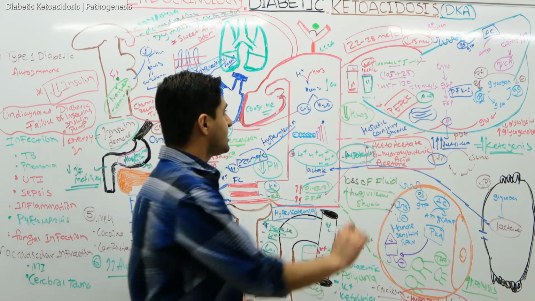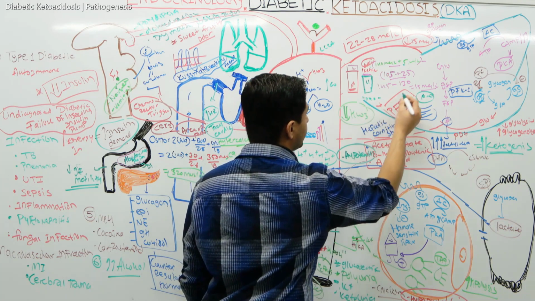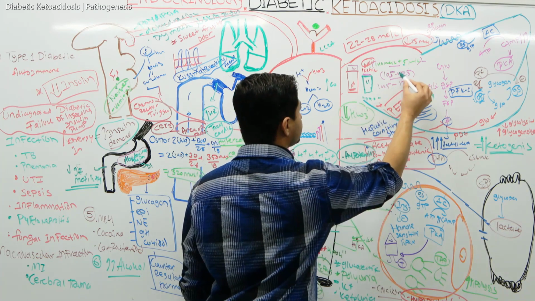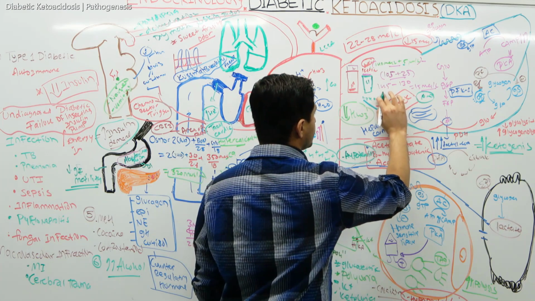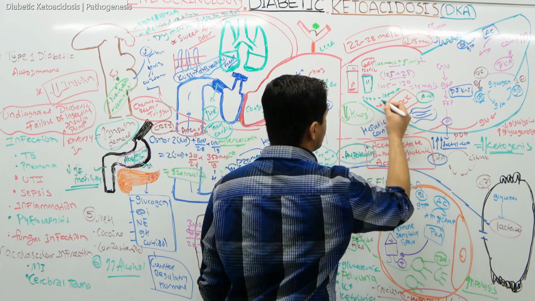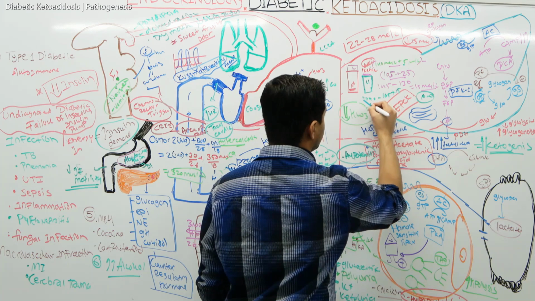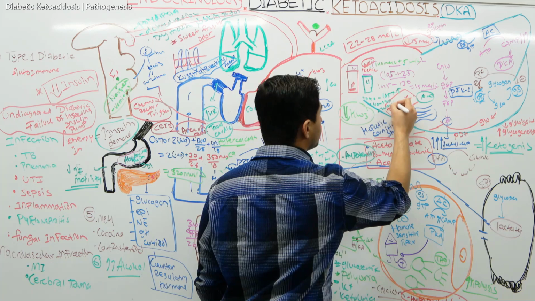But let's just say for our case we use the sodium, 140, minus chloride, about the same, 105, plus bicarb, which went down to, let's say, 15. So 105 plus 15 gives 120. 140 minus 120 is 20 milliequivalent per liter.